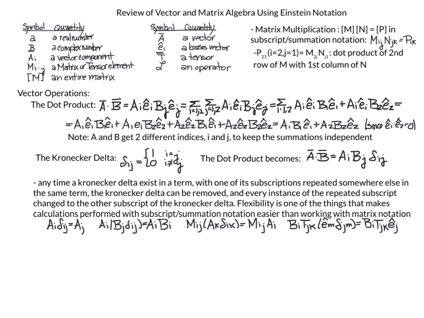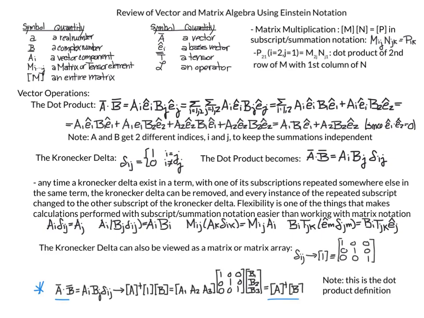Flexibility is one of the things that makes calculations performed with subscript summation notation easier than working with matrix notation. These properties would have been more cumbersome if we had to work with an entire matrix and do matrix multiplications. For each term, it would have been a lot of work. Whereas here, once you get used to it, simplifying with these indices can be much faster.